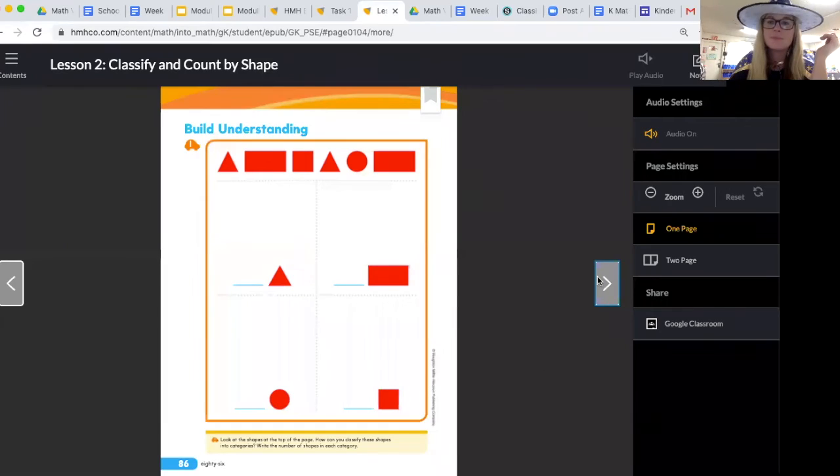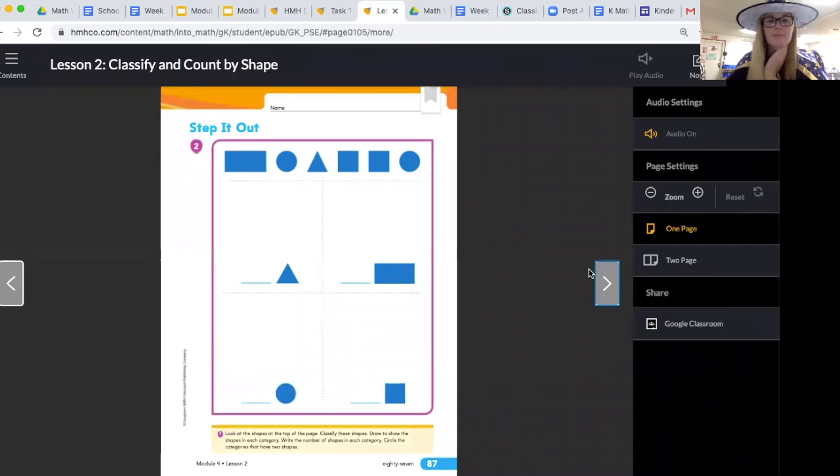So let's go back to our page. Now that we know the difference between a square and a rectangle, we're going to do the same thing here. Look at these shapes at the top of the page. Classify. What's classify mean? Sorting, grouping. Okay, look at the shapes at the top of the page. Classify these shapes.